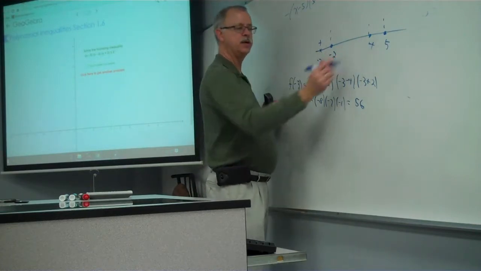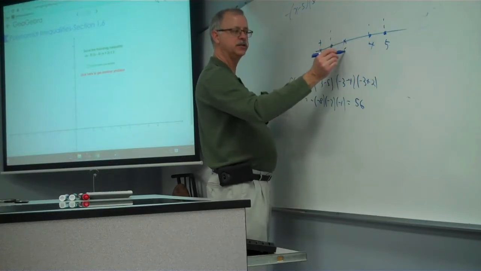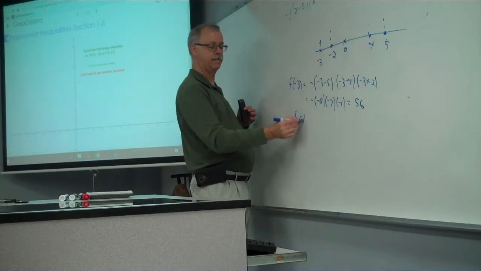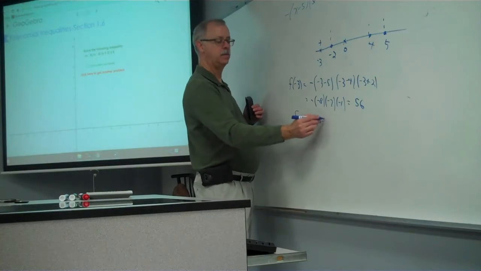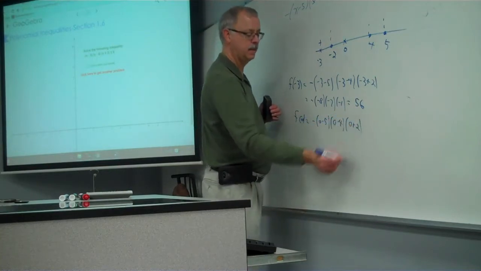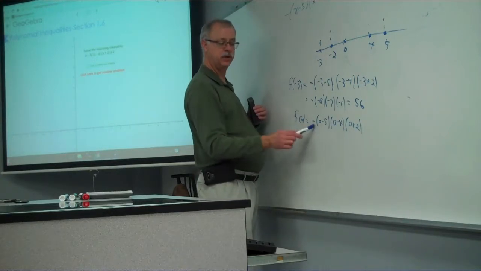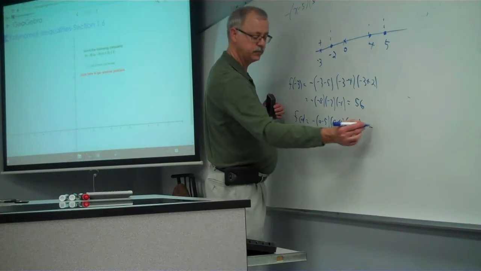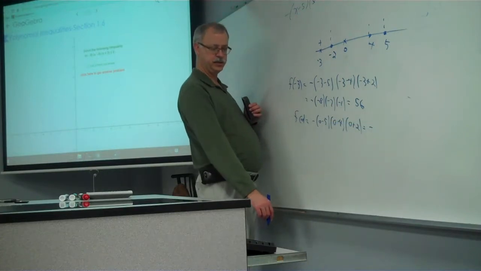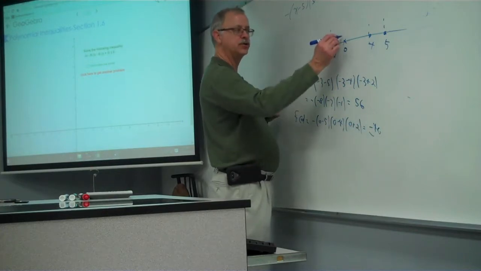Then we need to pick another point to test. There are quite a few points in here. We could test it, say, at 0. At 0: negative, negative, negative, positive. 3 negatives will give us a negative. It's actually, I guess, negative 40, but the negative is what we're interested in.